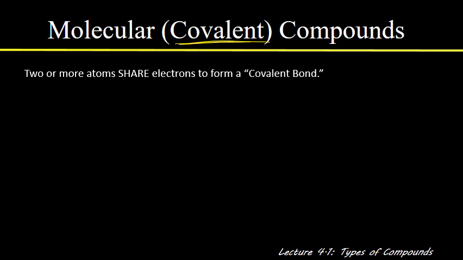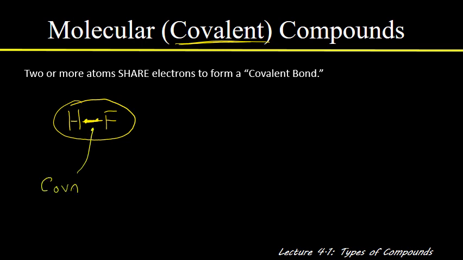So, for example, hydrogen and fluorine: the hydrogen and the fluorine each share an electron, and those electrons form a bond between them, and so you get this molecular unit, and that shared pair of electrons. It's called a covalent bond.